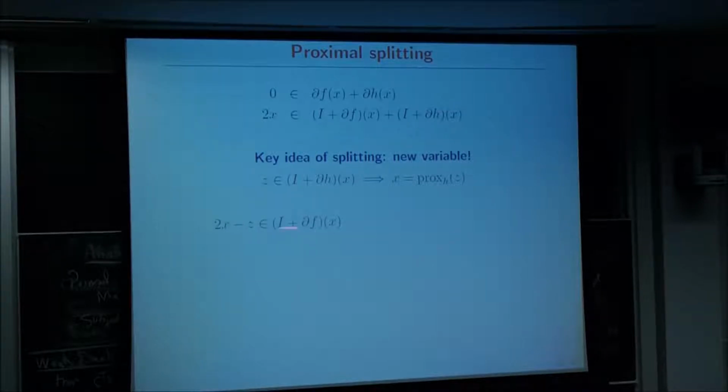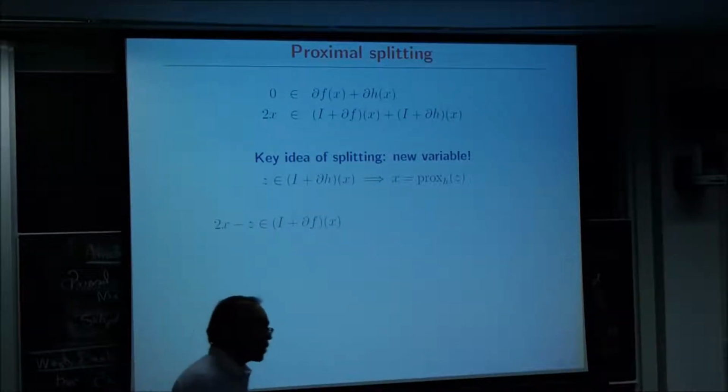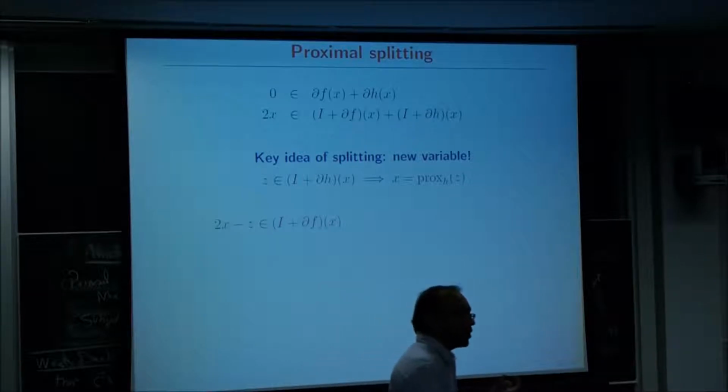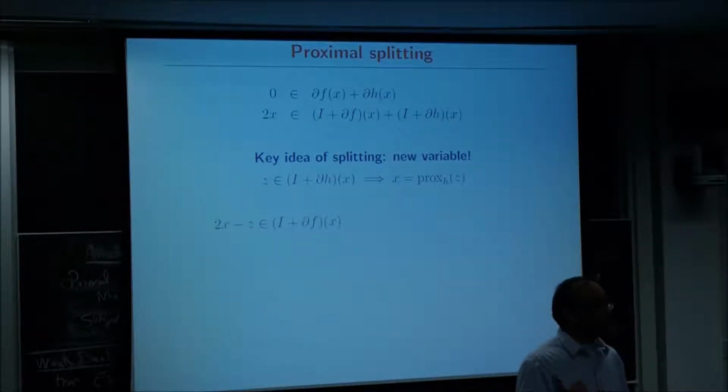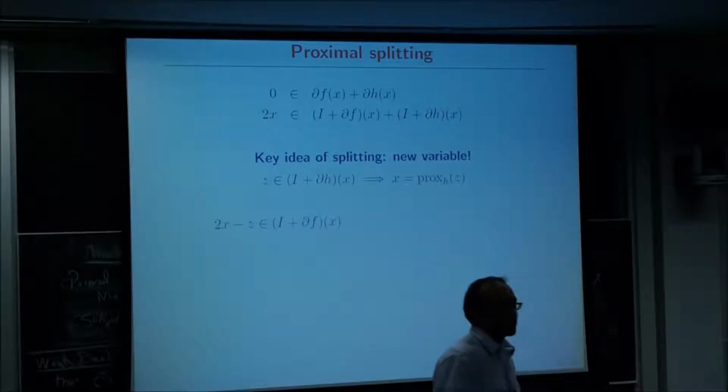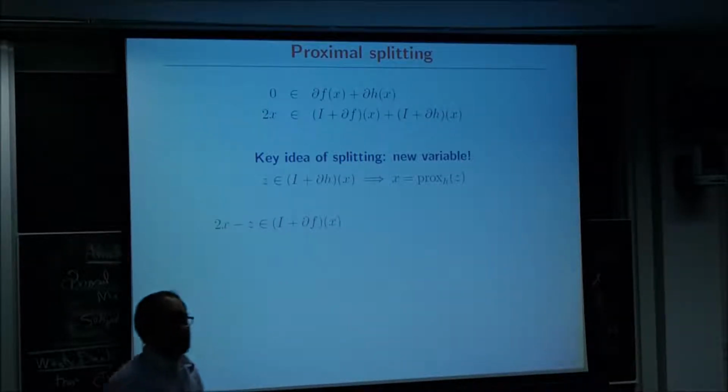So now I have another variable 2x minus z, and if you think purely algebraically at this point, what am I trying to do? I am trying to get a fixed point equation which has the same variable on both the left hand side and on the right hand side. I will beat it until it confesses to that particular form, and it's not always easy to do that.